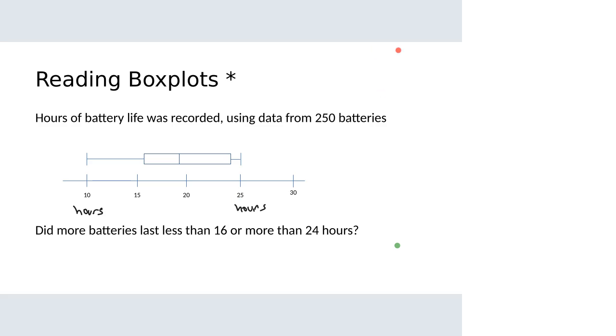Quartiles cut the data into 4 equal parts. That means that 1/4 of my data points are here, 1/4 of my data points are here, 1/4 are here, and even though it's just this tiny little sliver, 1/4 of my data points are here.